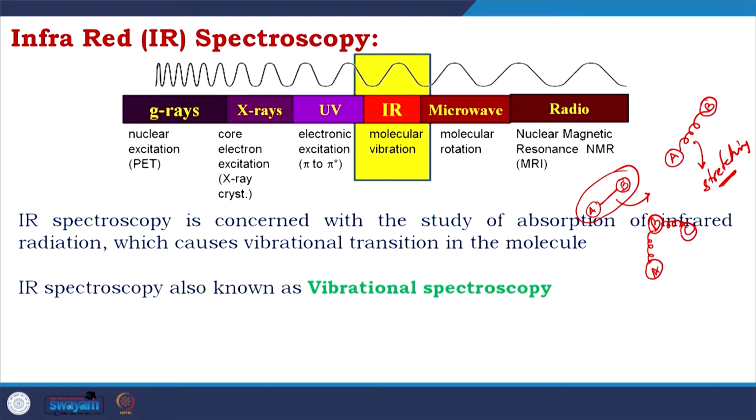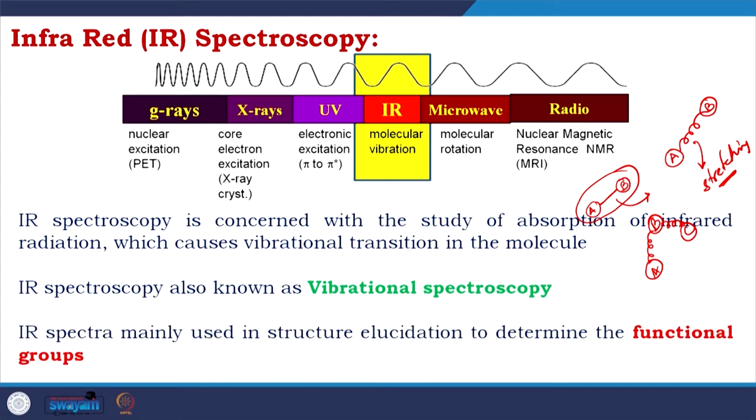IR spectroscopy is also known as vibrational spectroscopy, because it deals with the vibrational transitions which we have discussed here. IR spectra are mainly used in structure elucidation to determine the functional groups. As I told you, you get a particular bending or stretching. If it is characteristic to some molecule, then you get the identification there. So, you get a particular spectrum of that functional group.